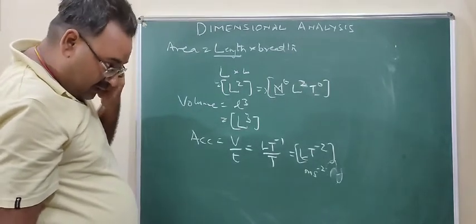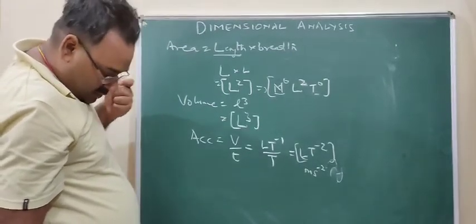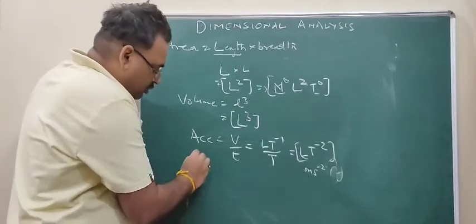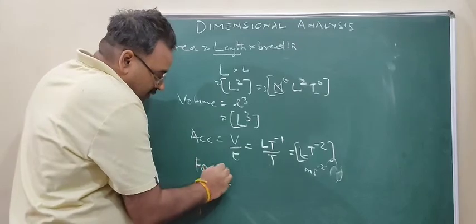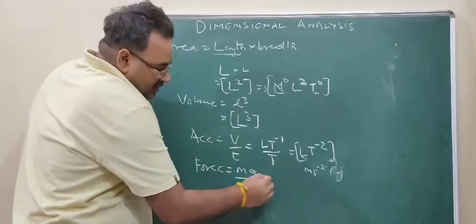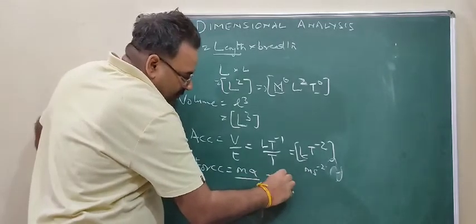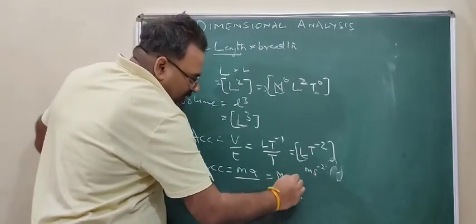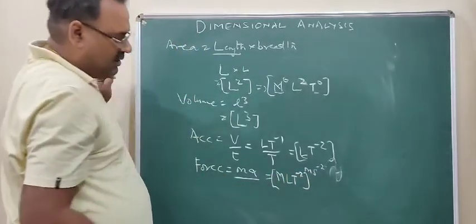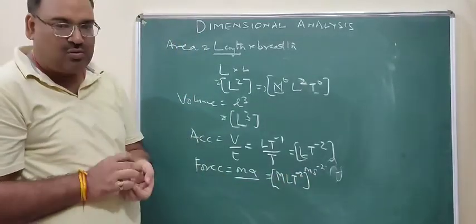Then we have force. Force is equal to mass into acceleration. So this is the formula, mass into acceleration. Mass measured in M, acceleration here LT minus 2. So dimensional formula for force is MLT minus 2.